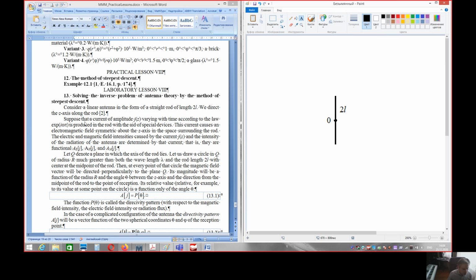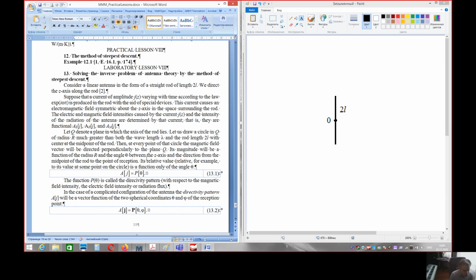Suppose that a current of amplitude J from z, varying with the time according to the exponent law, is produced in the rod with the aid of special devices.